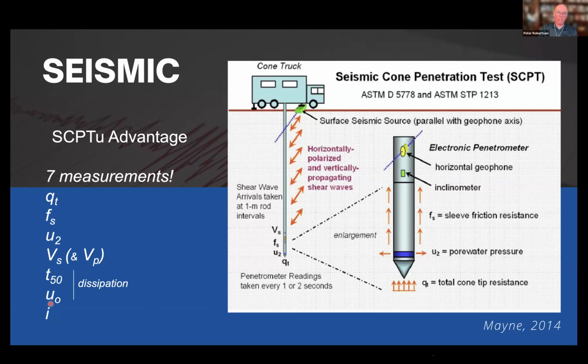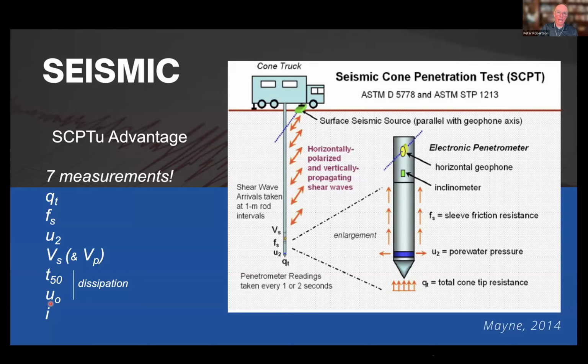And when it comes to dissipation tests, if you're primarily interested in the groundwater condition, so you want to know what U0 is, so you want to get the piezometric profile to determine the ground surface and determine whether or not the piezometric profile is in fact hydrostatic, or if it's non-hydrostatic, there might be vertical flow, then generally people stop in the sand layers.